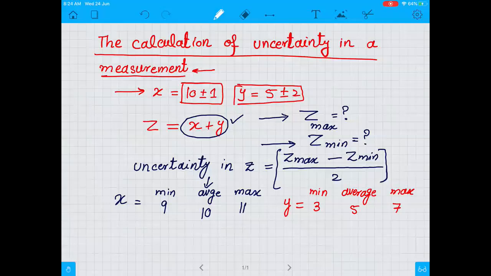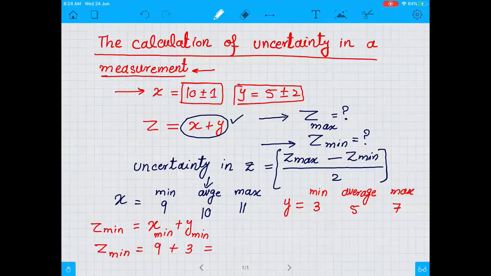Now first of all, if you want to calculate the minimum value of z, z minimum would be equal to x minimum plus y minimum. If x and y both are minimum, then z will also be minimum. So x minimum is 9 and y minimum is 3, so the answer would be 12.